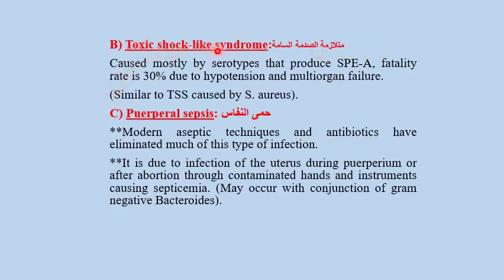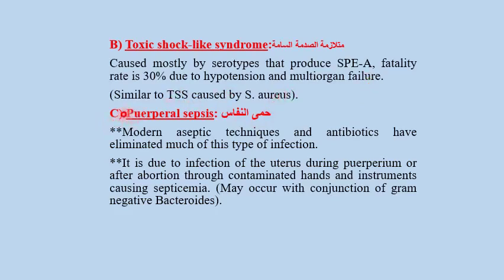So كفاية إن احنا نعرف toxic shock-like syndrome. It is caused mostly by the serotypes that produce Streptococcus Pyrogenic Exotoxin A. يعني برضو it's a super antigen. The fatality rate can reach 30% due to the hypotension and the multi-organ failure. وزي ما قلنا it is similar to the toxic shock syndrome caused by Staph aureus.